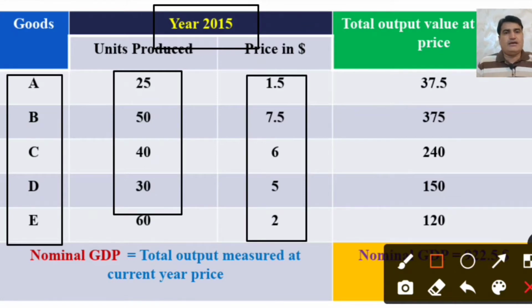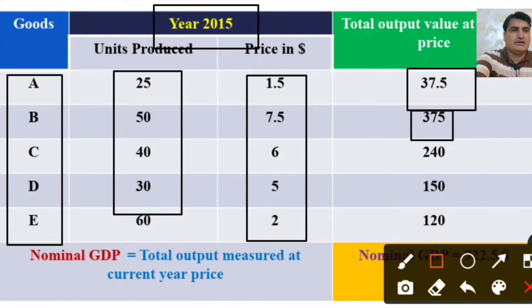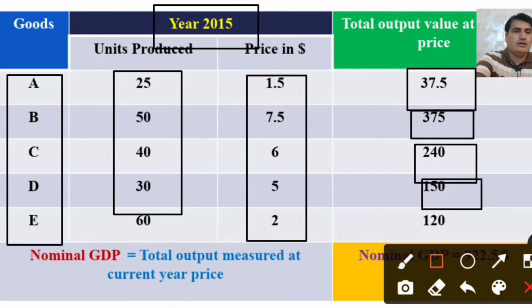The price for commodity A is $1.5 per unit, B is $7.5 per unit, C is $6 per unit, D $5 and E $2 per unit. The total output value at current price is $37.5, $375, $240, $150 and $120.